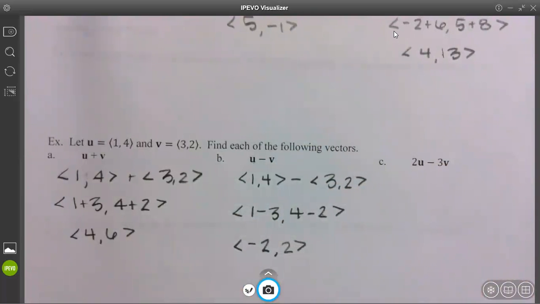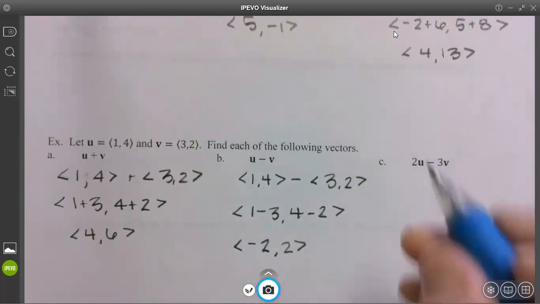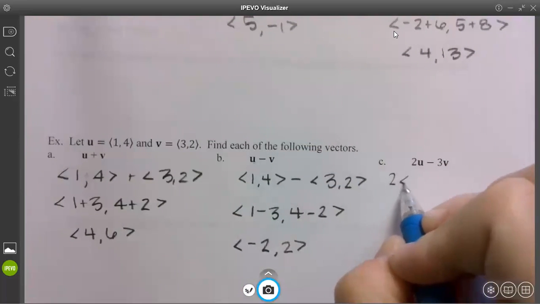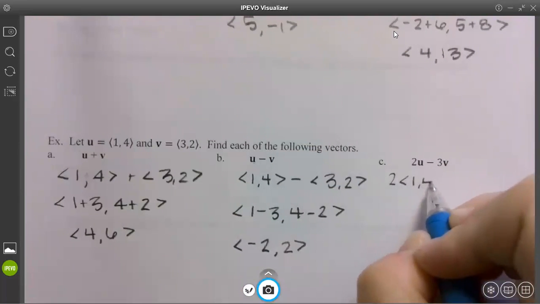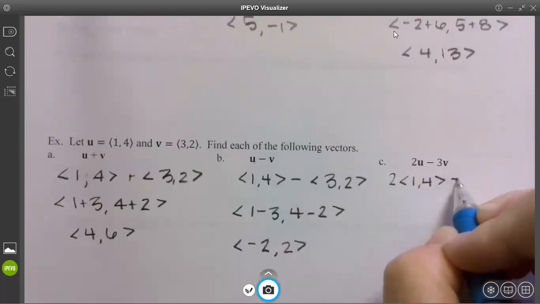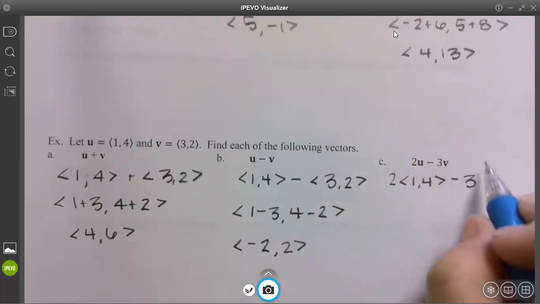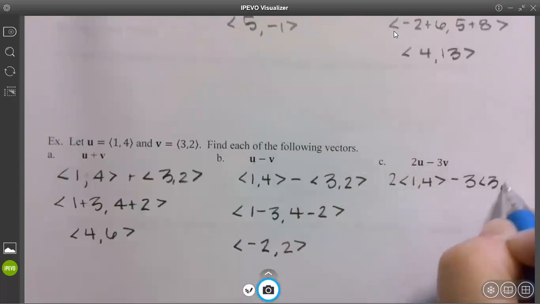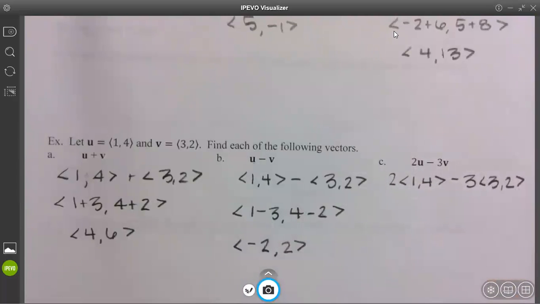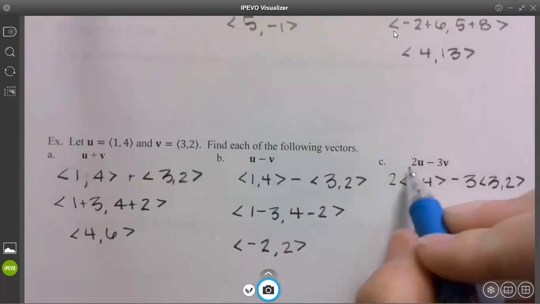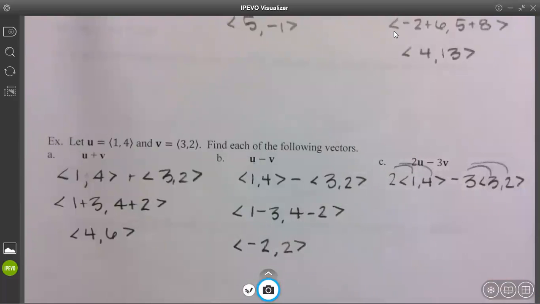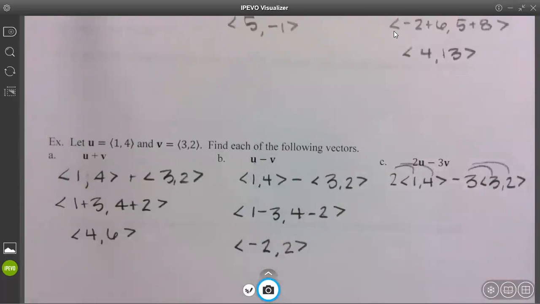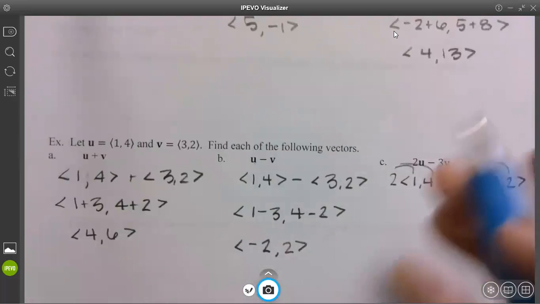And then last, 2u minus 3v. We're going to distribute in and then we'll subtract. So 2 times u, which is 1, 4, minus 3 times v, which is 3, 2. We're going to distribute in. I'm not going to distribute the minus. I'm going to leave it alone for right now.